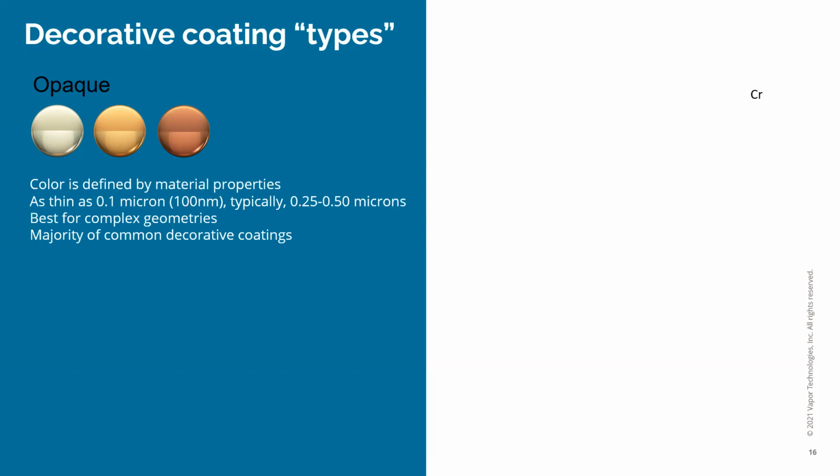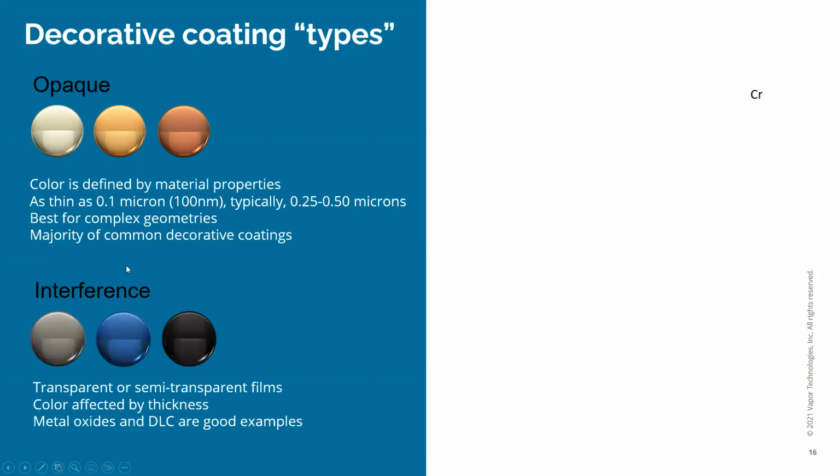Once you put the coating on the top and it's over a certain thickness, it will maintain that color independent of anything else. So those can be even less, about 0.1 micron, but typically what we do is normally 0.25 to half a micron. And it works really well, even in very complex geometries for the process that we use. And it's the majority of the common decorative coatings.